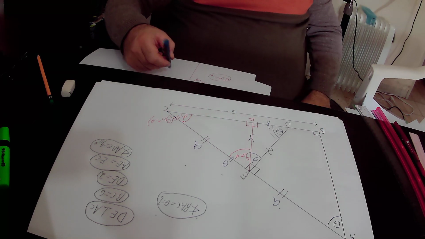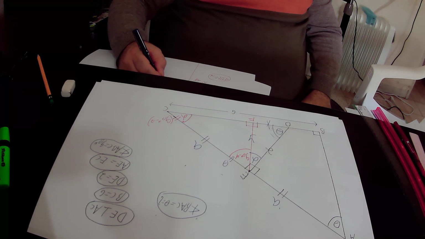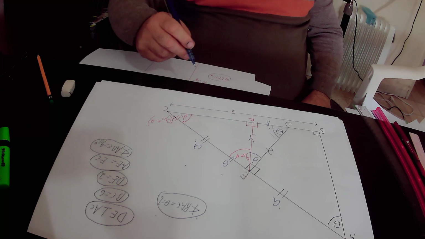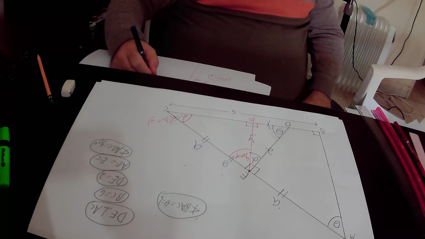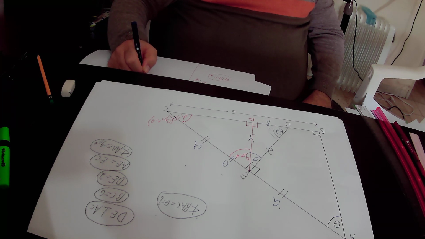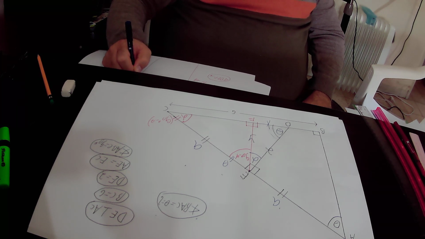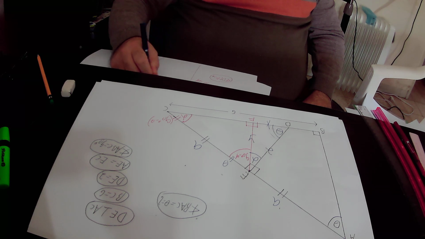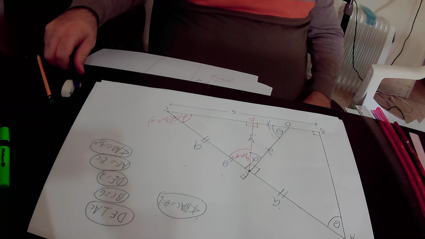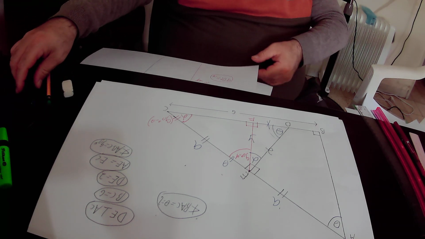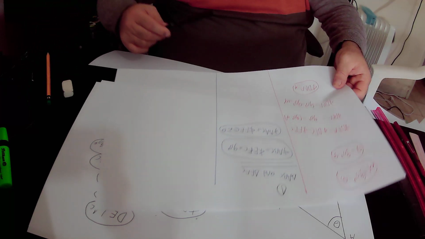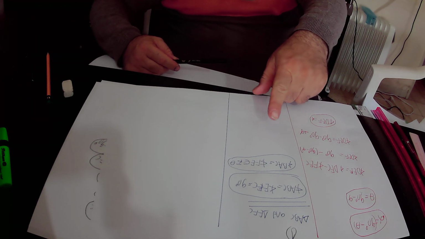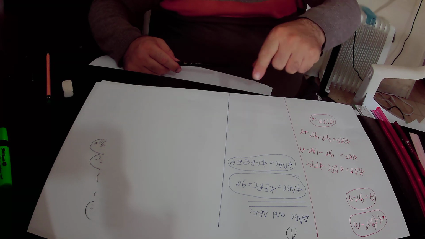So we can write down that angle BAC equals angle FEC, and both angles are equal to theta. I'll repeat again, angle BAC equals angle FEC, and they are both equal to theta.